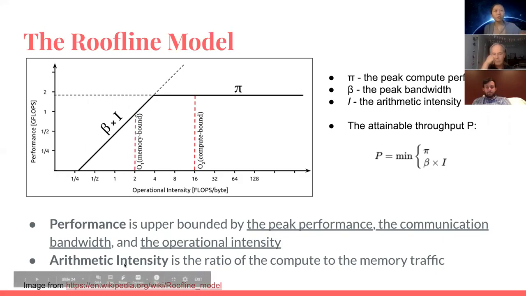What determines which point your design will fall on is actually workload dependent. The arithmetic intensity is the ratio of compute to the memory traffic of your own workload. So it's not hardware related, it's more related to your own algorithm. For example, if I load one weight and it can be used by 10 different inputs, then I will say that the operational intensity of that operation of the weights will be 10, right? So the point will fall into this line.